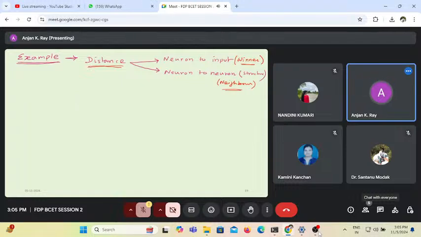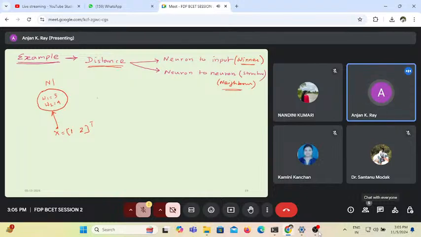For neuron to input distance, let's consider an example. Let's say this is a neuron and we are working in two-dimensional space. The input x is 1 and 2, and the associated weights for neuron 1 are w1 equal to 3 and w2 equal to 4, randomly chosen.